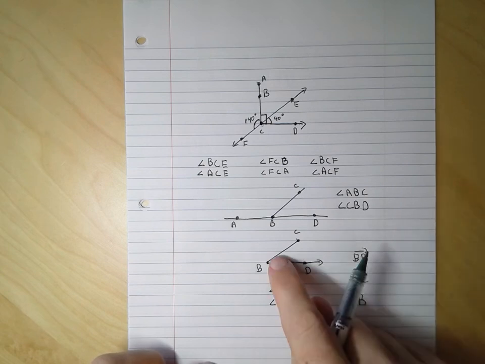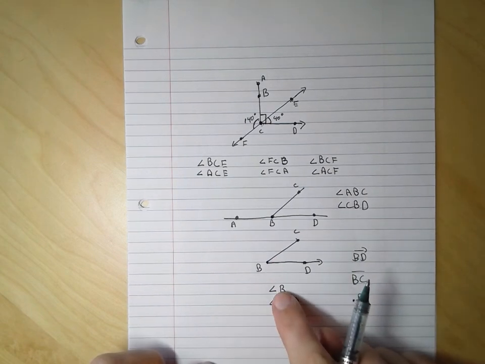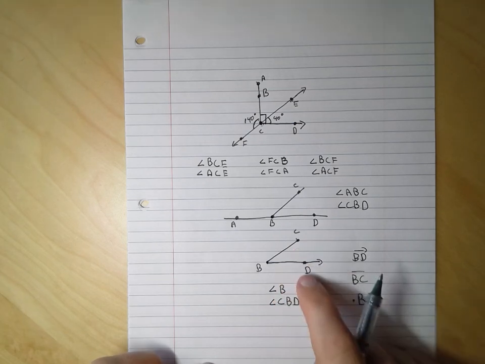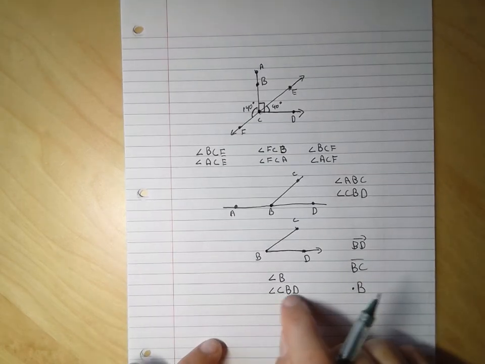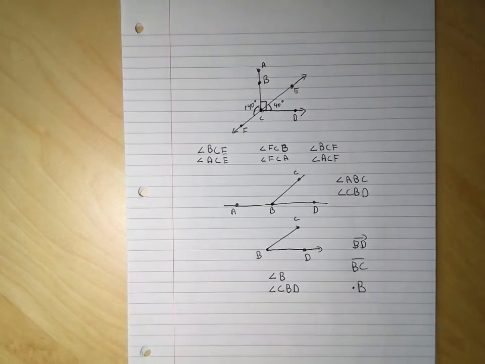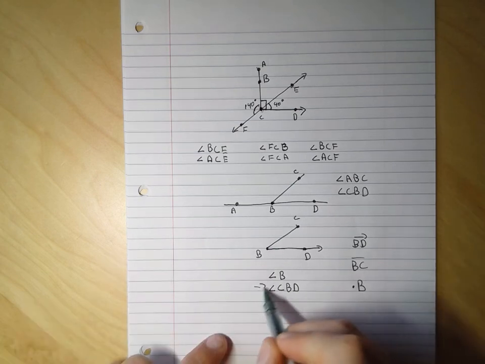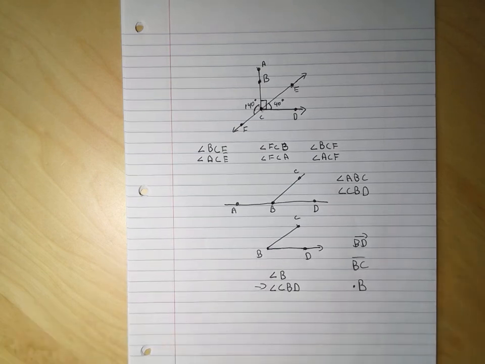Whereas in this case, you can kind of get away with just saying angle B. However, I don't think that's worth getting hung up on. Just be sure that you're identifying things clearly in an unconfusing way. And this method right here, 3 letters, is always going to be more than enough. So maybe just stick with that one.